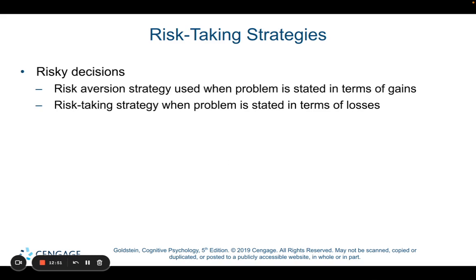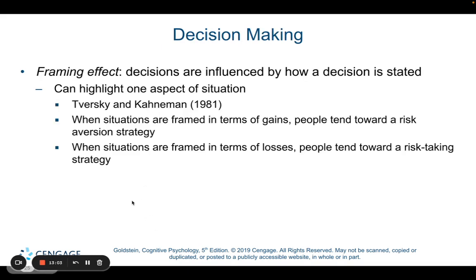Sometimes the decisions we have to make are risky. Risk aversion strategy is used when problems are stated in terms of gains, and risk taking strategies occur when a problem is stated in terms of losses. The framing effect says that our decisions are influenced by how a decision is stated. It can highlight one aspect of a situation, and it can determine how people make their decision.